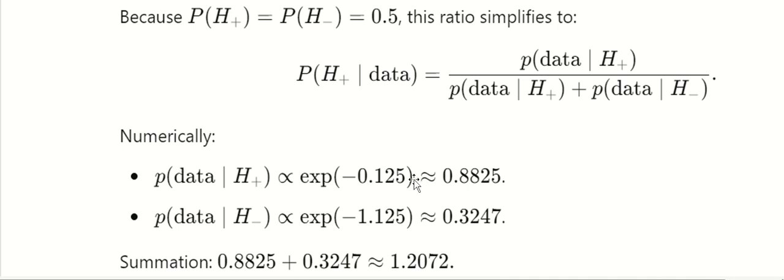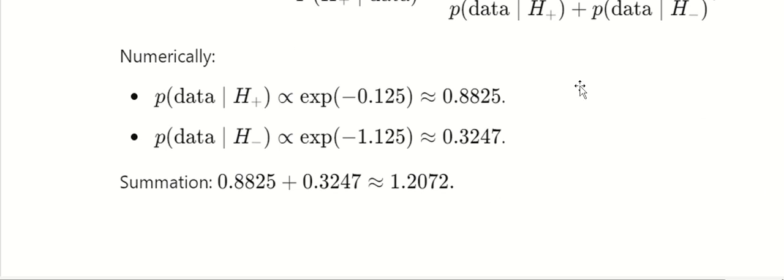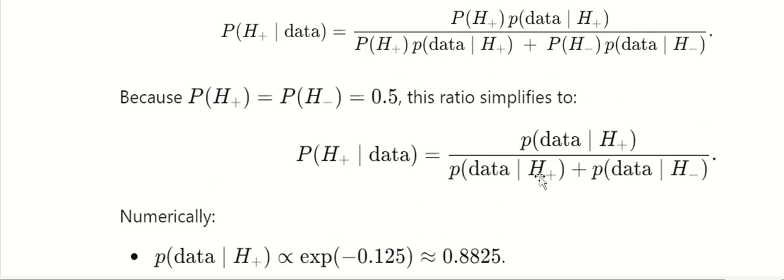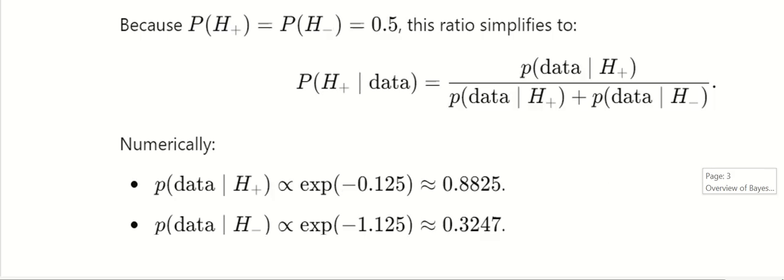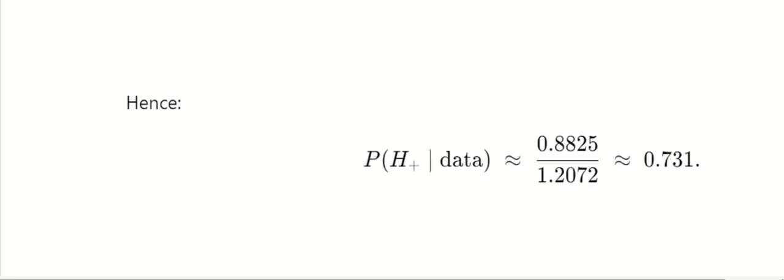Numerically, the likelihood for +1 mm will be 0.8825, and for -1 mm it will be 0.3247. We can sum them, so we have this expression here, the summation, and then we do the division, and the answer will be 0.731.